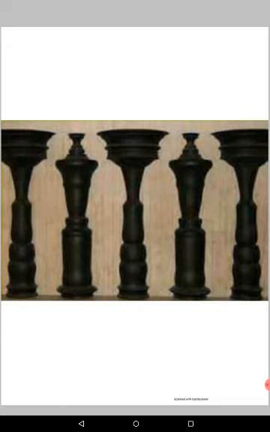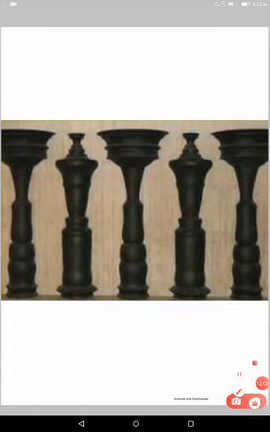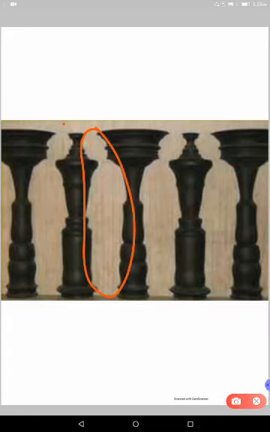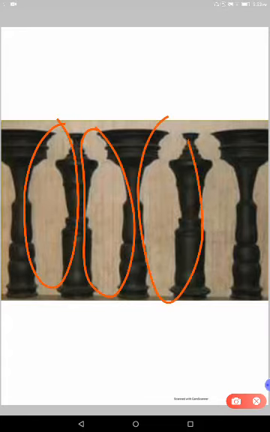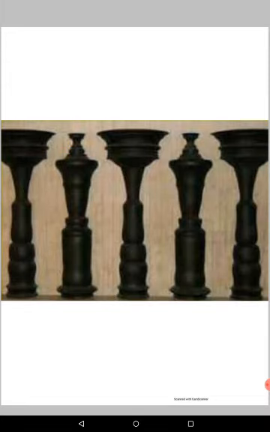So this is figure ground effect. We can't imagine which is the original figure the artist has to represent, either the two pair of human beings facing each other or the pillars. So that is figure and ground illusion.